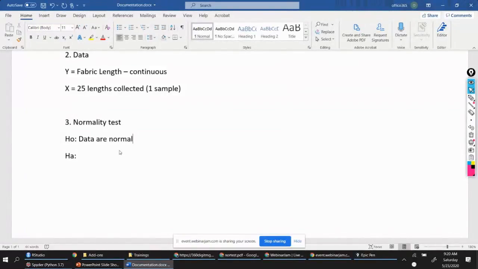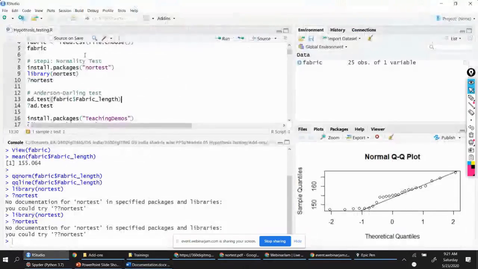If the data type of the sample is continuous, then we say the records we have collected for that sample follow a normal distribution. That's the default assumption. And we have to prove whether it is normal or not normal. So the alternate to your null hypothesis here is that the data are not normal. And to prove this, we have the AD test.